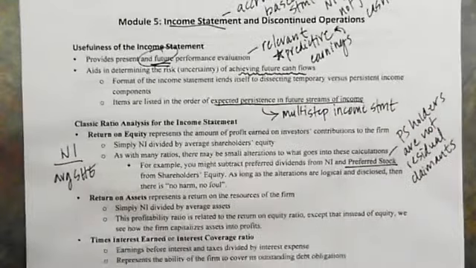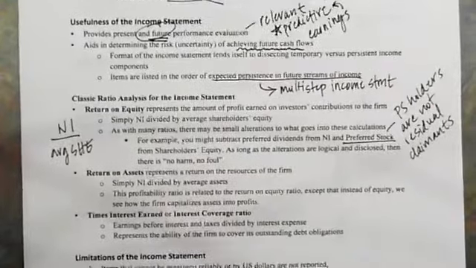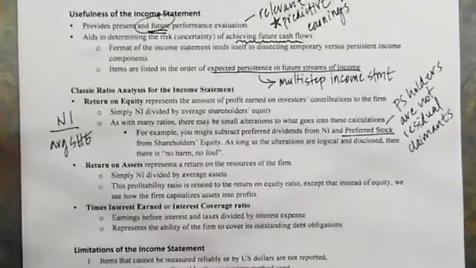And so they're actually this weird hybrid class that isn't quite debt, isn't quite equity. I'll talk a lot about that in Intermediate 2 when we talk about equity. But for now, just understand that if you're really trying to get the return on equity to common holders, you would back out preferred stock. And again, these alterations are all fair play as long as they're logical, as long as they're rational.